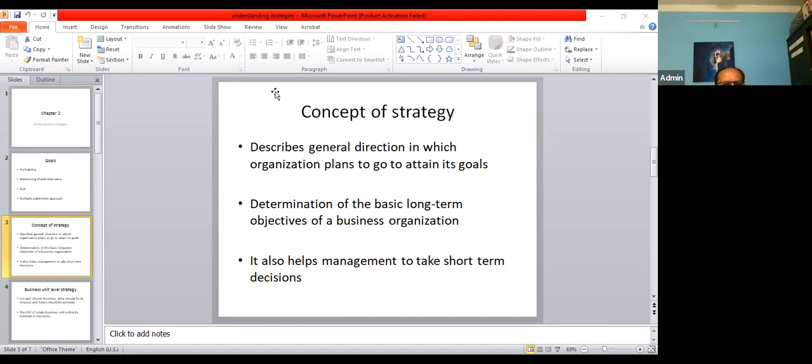Hello? Aishwarya, can you hear me? Will you share any long-term objective of a company? An objective which pertains to the long term.